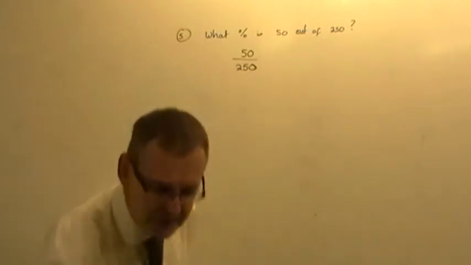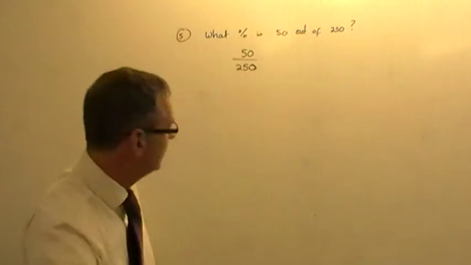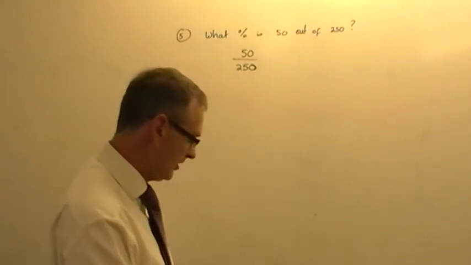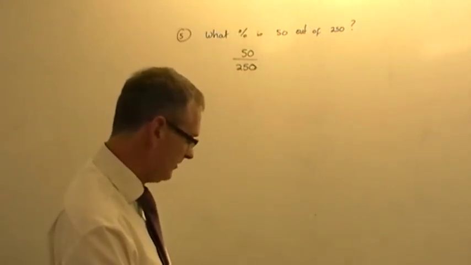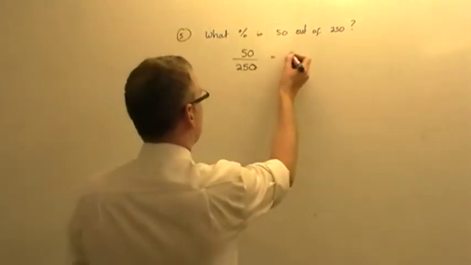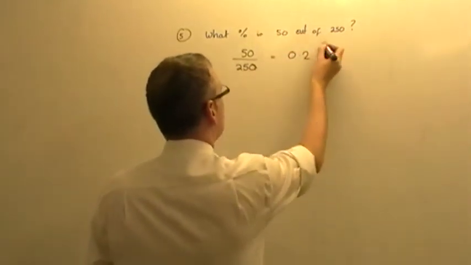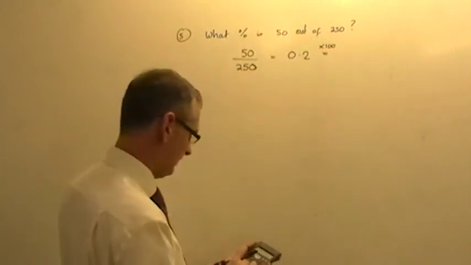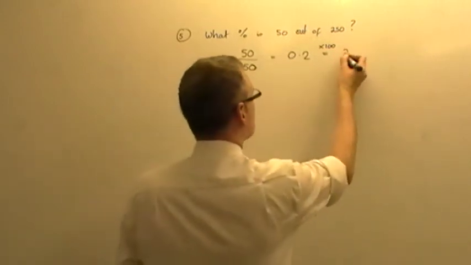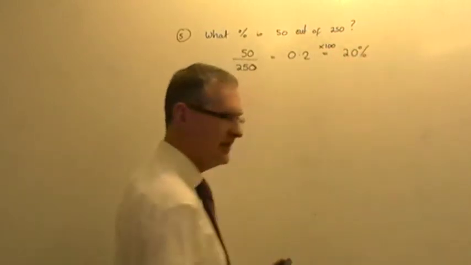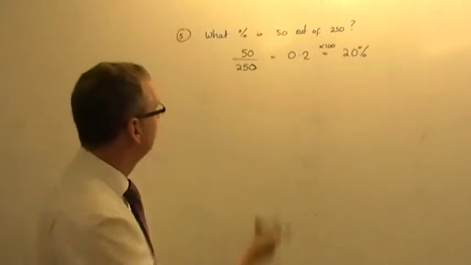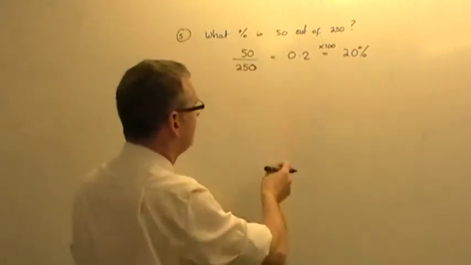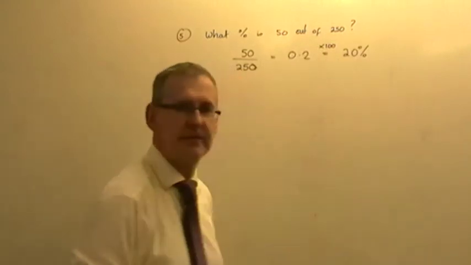Well, I could do the same that I did on the previous question, once I've got the fraction. All you've got to do is say 50, share by 250. That gives you the decimal, 0.2. Then you times that by 100, and you would get 20%. And that's as simple as that. So 50, share by 250, decimal, take the decimal, times by 100, 20%.